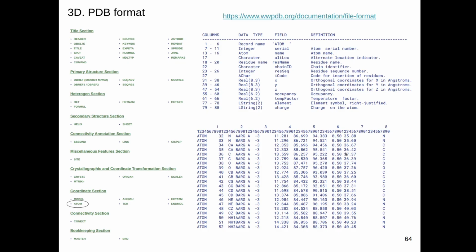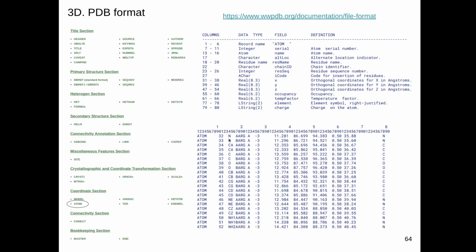And here a very important thing is that the columns cannot be shifted relative to each other. We have specific indices for specific columns where they should be located, and they actually should be located there. And we have specific rules for text adjustment. For example, this atom name field has 4 positions, and if the atom name is shorter than 4 positions, it should be left adjusted with some exceptions.